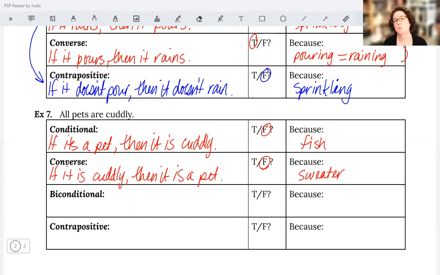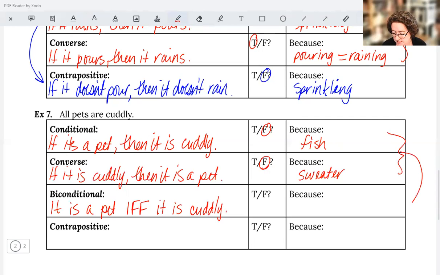Okay, biconditional. Again, what are we switching out in the middle? So it is a pet, I'm going to abbreviate, so again, you might see that every so often, if and only if it is cuddly. I can't spell today. Again, what do we need for a biconditional to be true?